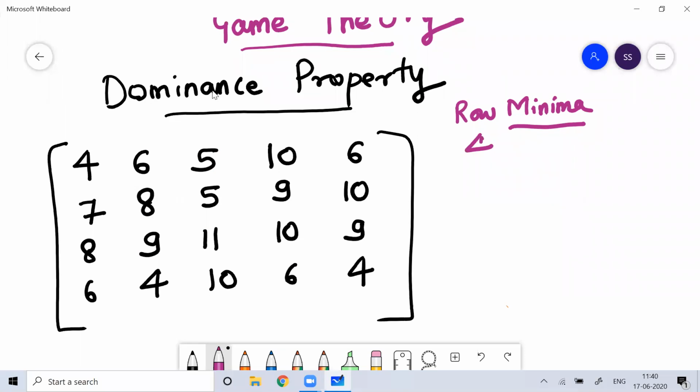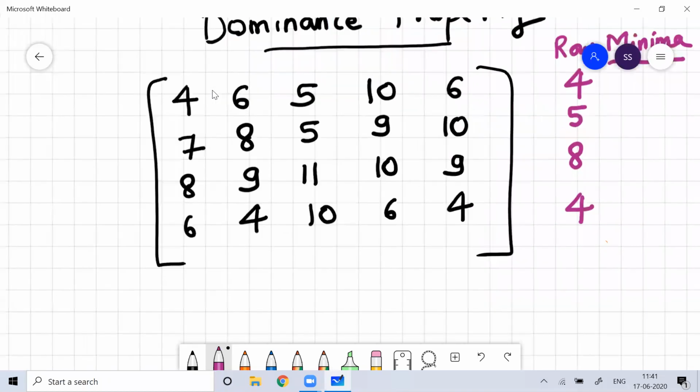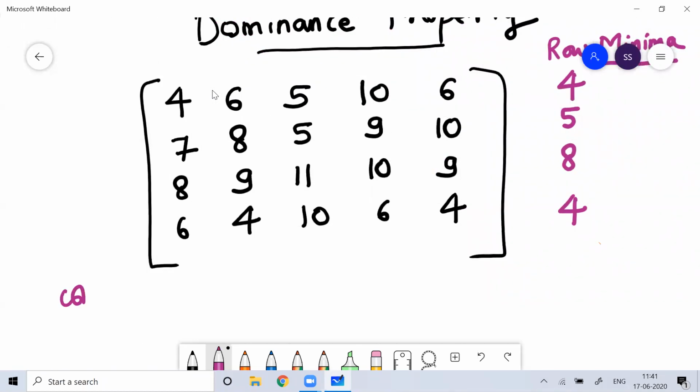The row minima from every row are 4, 5, 8, 8, 4. And then we find the column maxima from every column. The column maxima are 8, 9, 11, 10, 10.